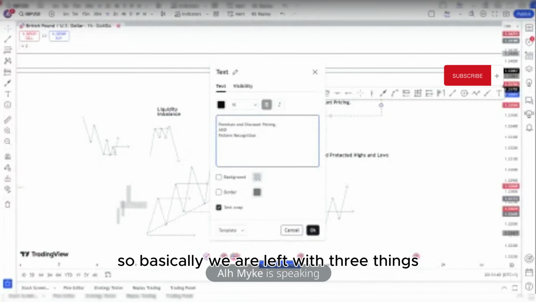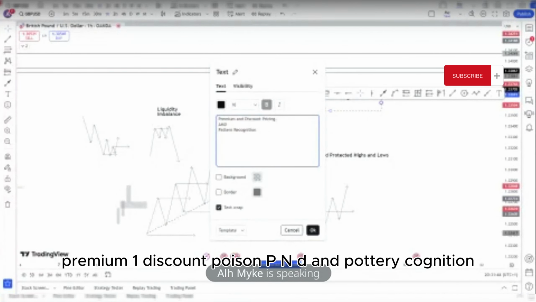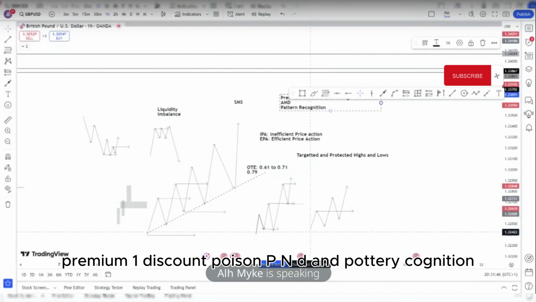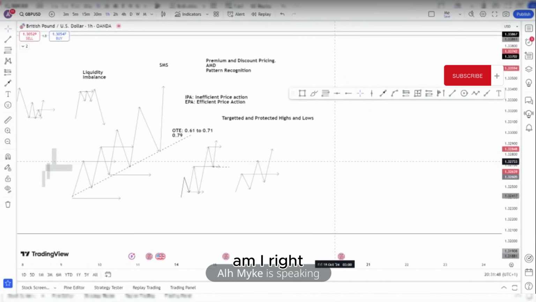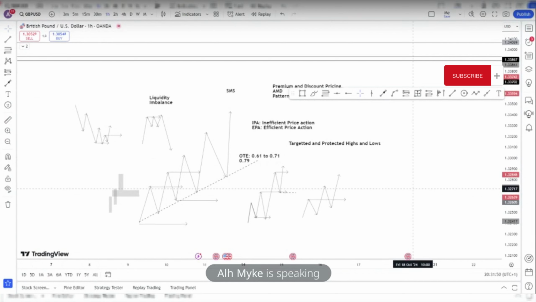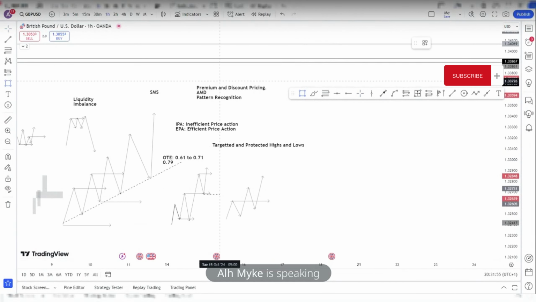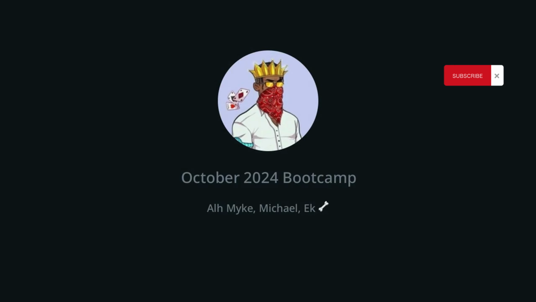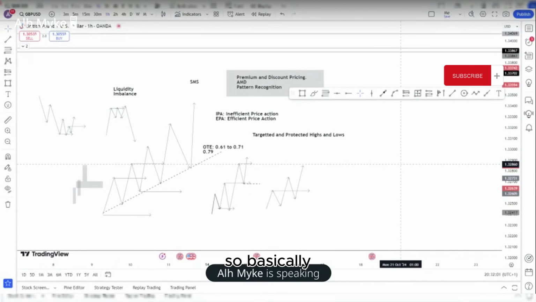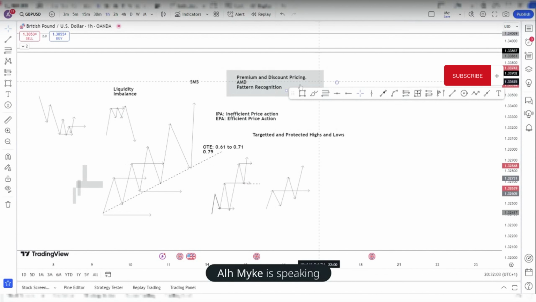So basically, we are left with 3 things: premium and discount pricing, AMD, and pattern recognition. All these 3 things, we're going to visit them.